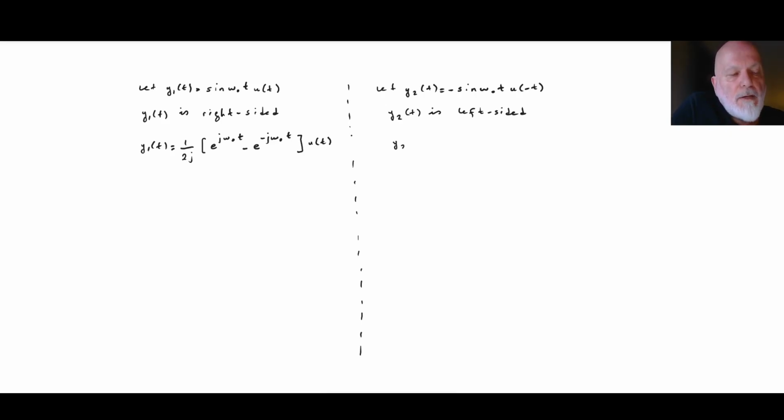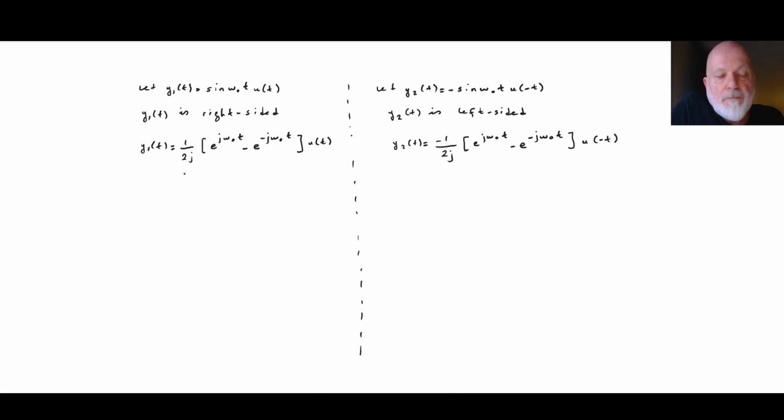Similarly, y2 of t is, now we have a minus sign, minus 1 over 2j, e to j omega 0 t minus e to minus j omega 0 t, u of minus t. Now we remember the following. We remember the Laplace transform of e to j omega 0 t u of t, or minus e to j omega 0 t u of minus t.